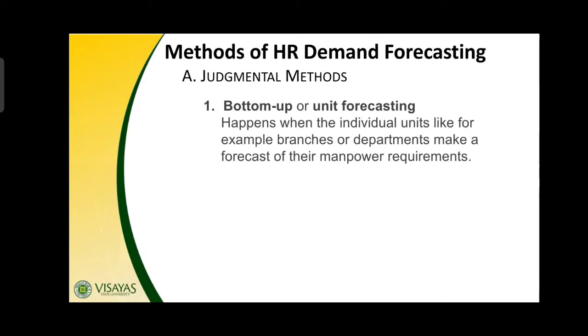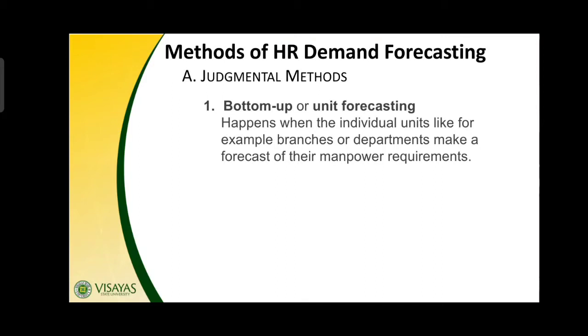In case the department is not HR, for example, we are into assembly line of a vehicle, and each line is a spare part of a vehicle. In bottom-up forecasting, the units at the bottom are the ones to suggest to the managers up in the organizational scale how many people they need.